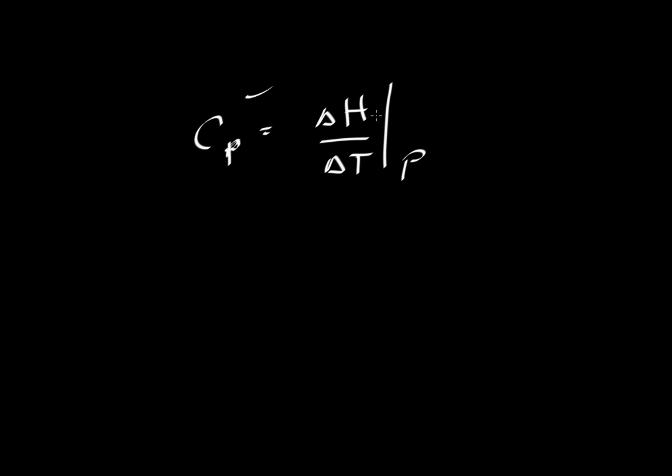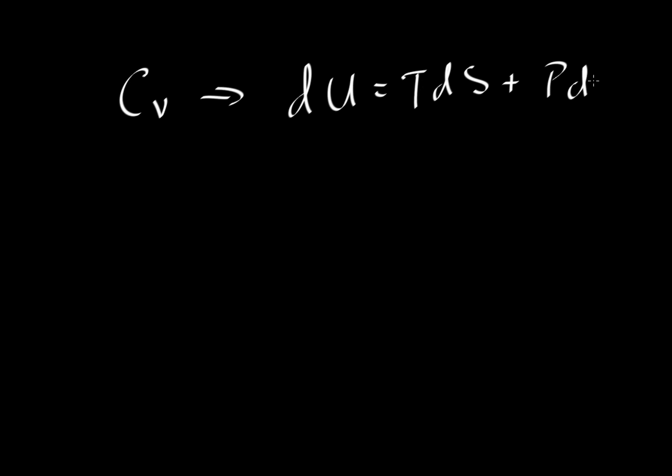But sometimes you will see instead C sub V. Now this is something different. It is not the same as heat capacity. This comes from looking at the internal energy, and the internal energy of a system is TdS plus PdV.